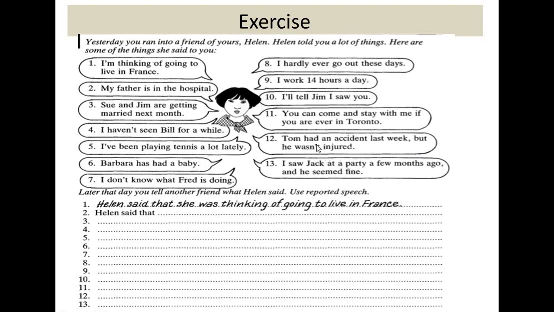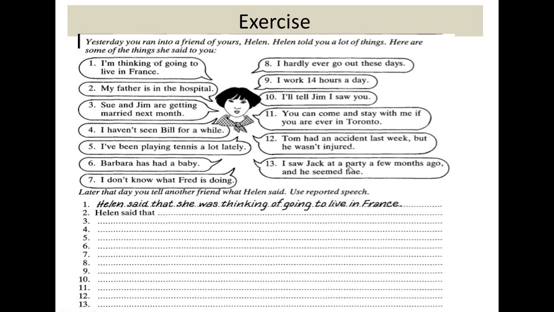Okay, Tom had an accident last week, but he wasn't injured. So Helen said that Tom had an accident last week, but he wasn't injured or hadn't been injured. So here it is past, it can still be in the past or in the past perfect. If we want to put it in the past perfect, we put hadn't been injured.